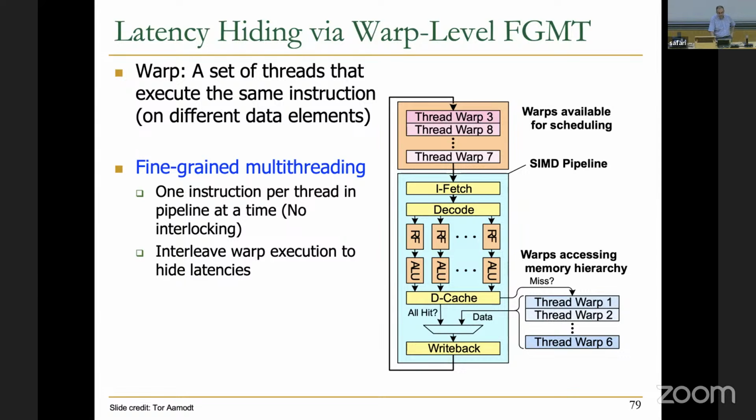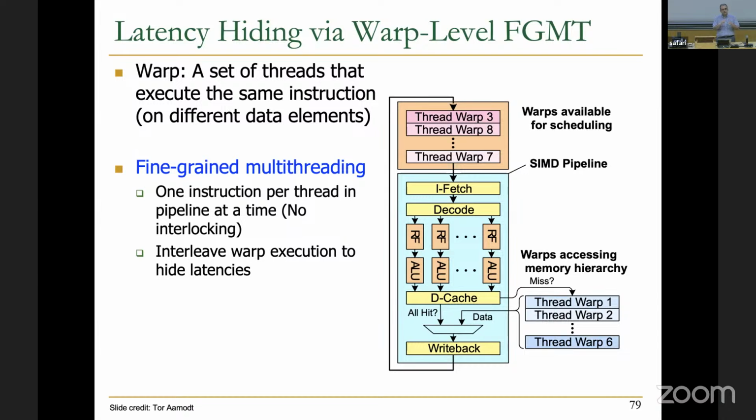So we have latency hiding with warp-level fine-grained multithreading, as we discussed. Whenever a warp ends up loading data, you have a long latency for that load instruction, and your warp is going to be stalled. What we can easily do here is switch to another warp. By switching among the warps, you end up hiding latencies.